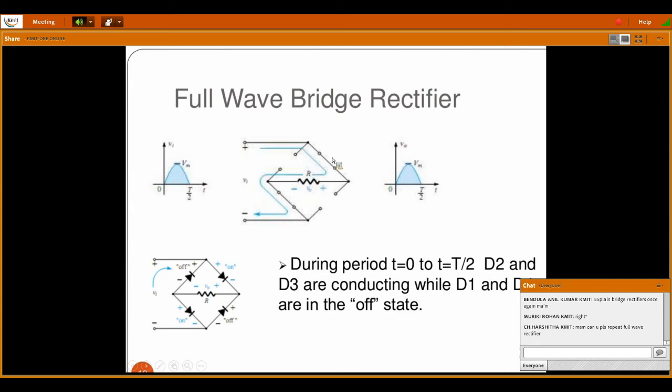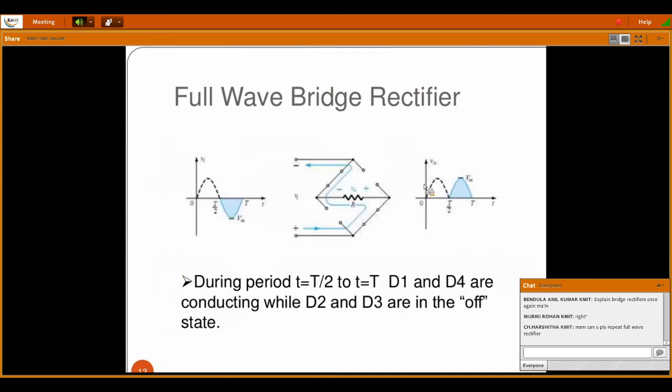Diodes D2 and D3 are conducting, whereas the polarity is opposite for diodes D1 and D4, so these two diodes are not conducting. They act as an open circuit, whereas diodes D2 and D3 act as a short circuit. So the current will flow only through D2 and D3, which is shown as the path in the circuit diagram. So you are getting the output waveform as a positive half cycle.